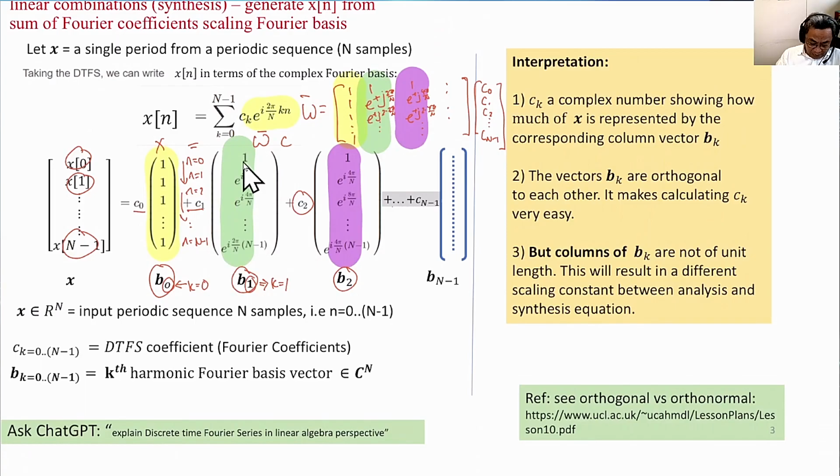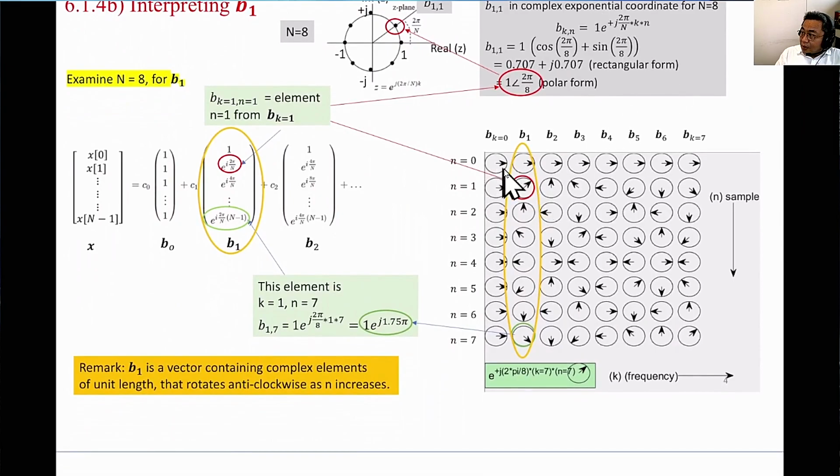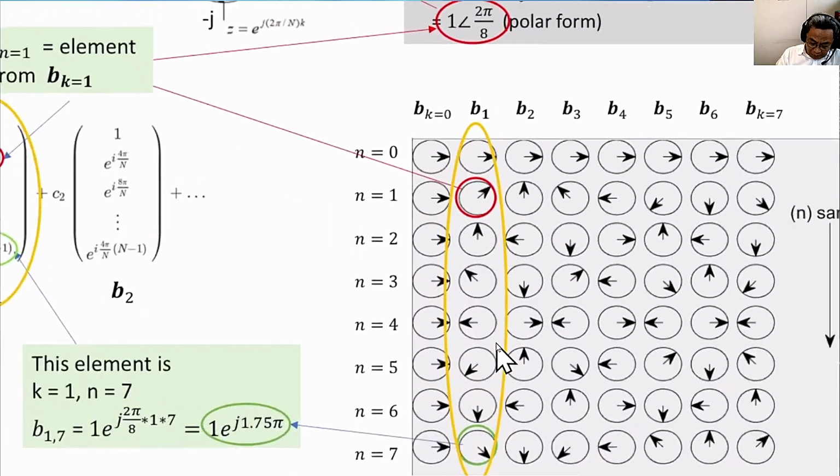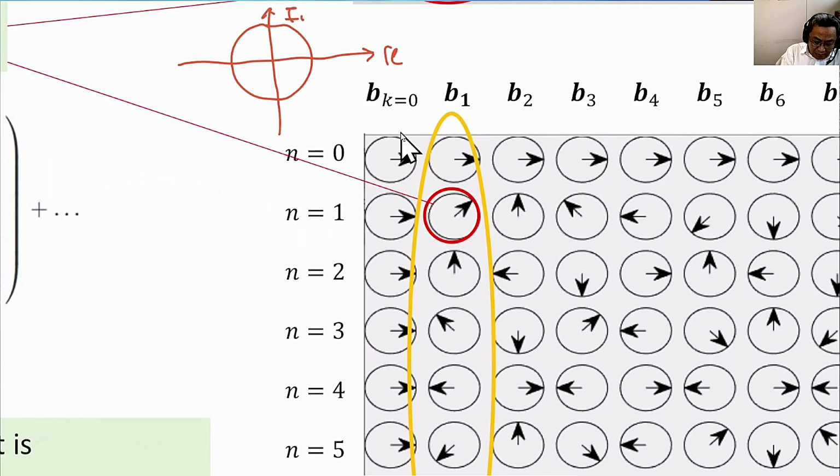Let's visualize this. I'm going to sketch for you the all ones here. Why do I say that this is all one? How do I interpret this little circle here? This circle is the unit circle, and this is the real axis, and this is the imaginary axis, and this value is 1 and the second value is 2.